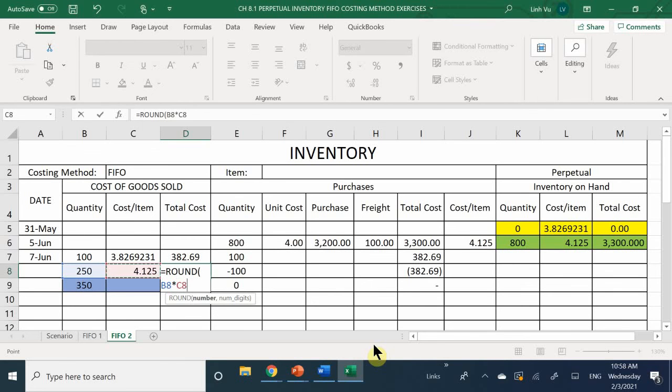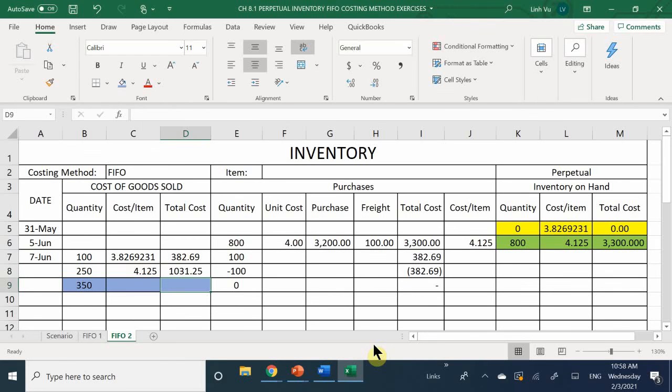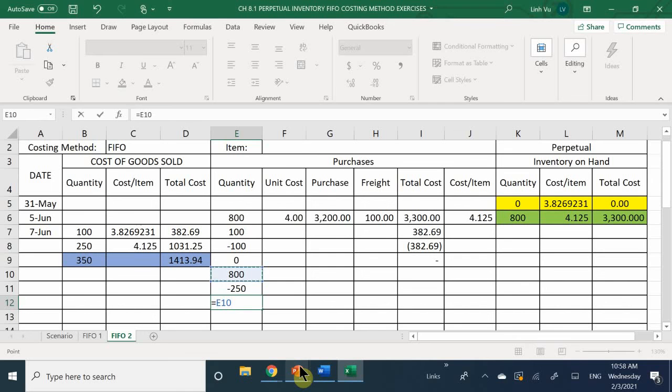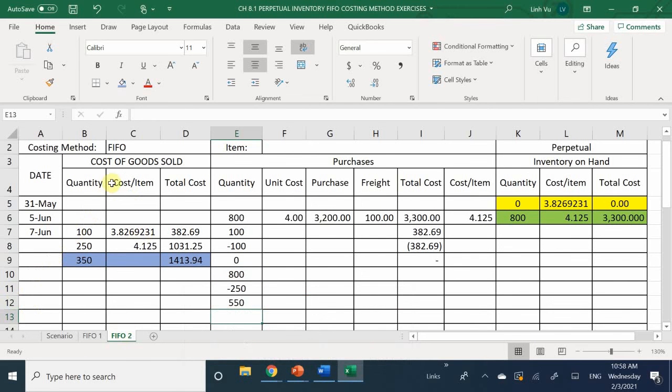So we want to make sure that when we do our calculation that it is for the correct amount. So in this case, I ended up with 25 cents. So I'm going to pull my information from above and subtract out the 250, bringing my new total to be 550.